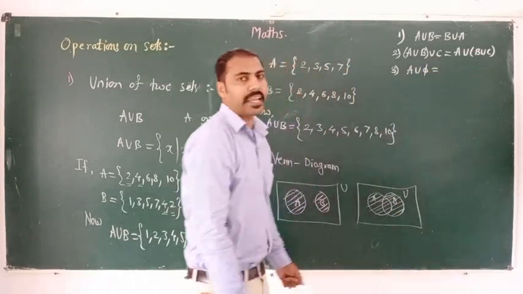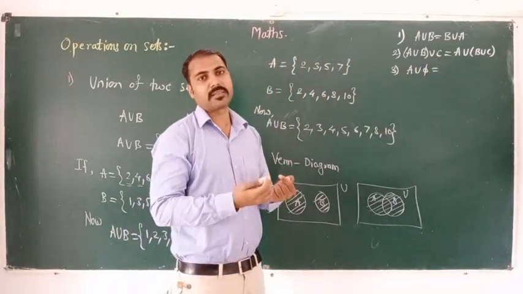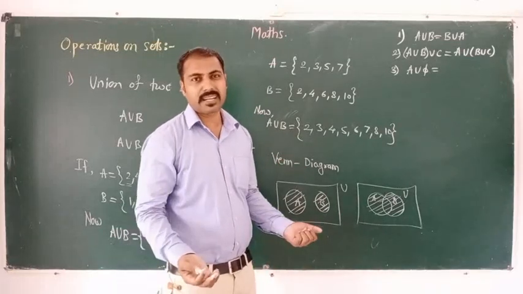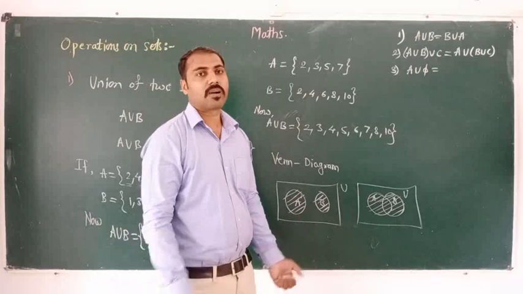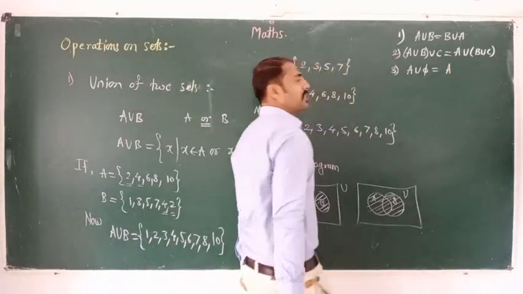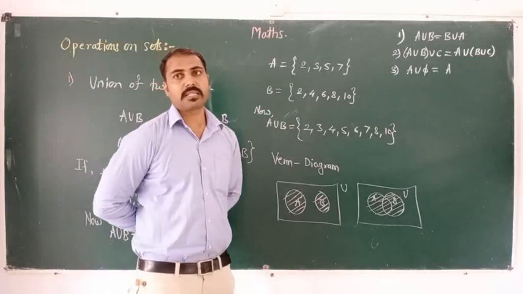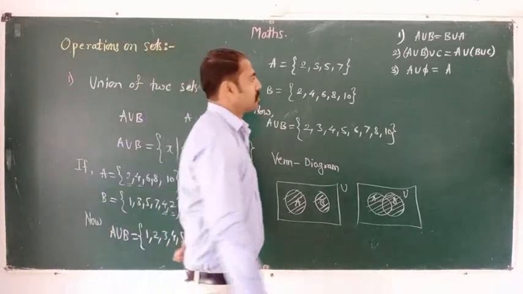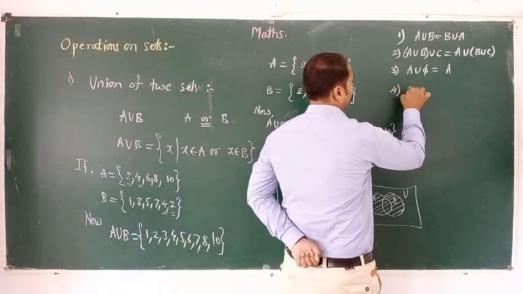When we take A and phi and take the union of these two sets, phi is clearly the empty set, so we get only set A. This property is known as identity property.